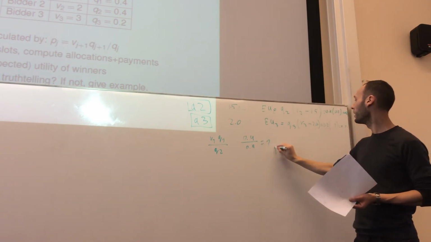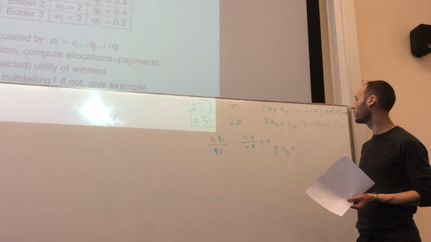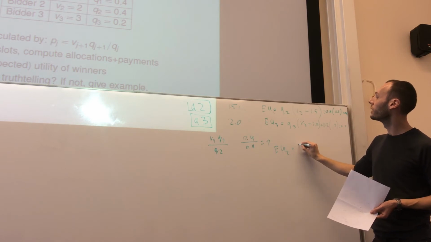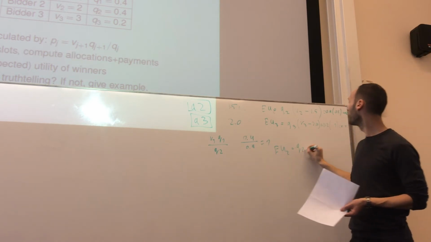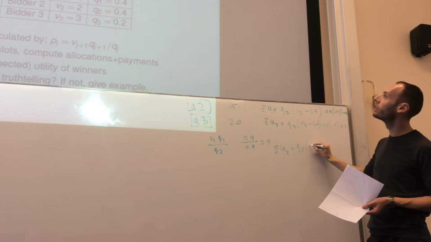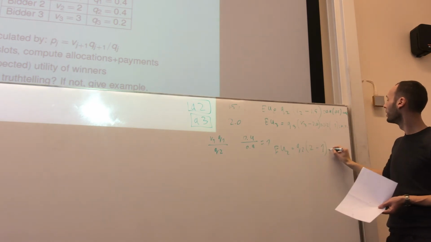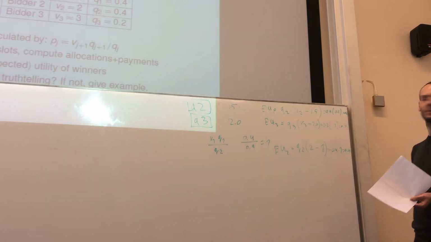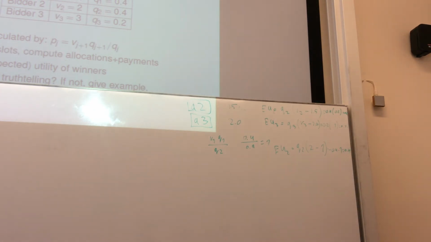Then the expected utility of agent 2 is Q2 times, his value is still 2 but his payment is now 1, so 0.4 times 1 is 0.4. So misreporting has a utility of 0.4, whereas reporting truthfully has a utility of 0.2, and therefore he can benefit by misreporting.